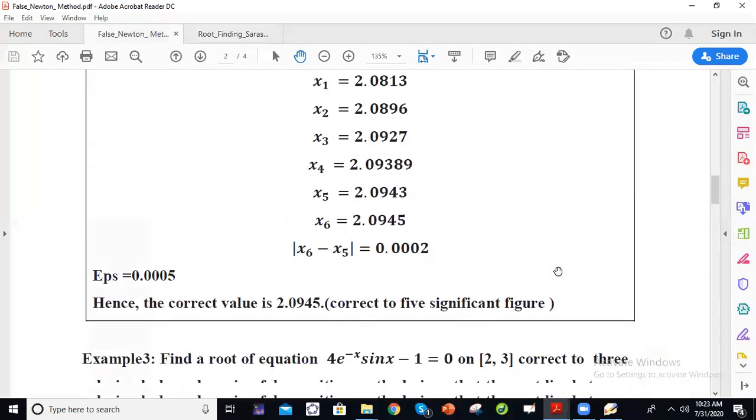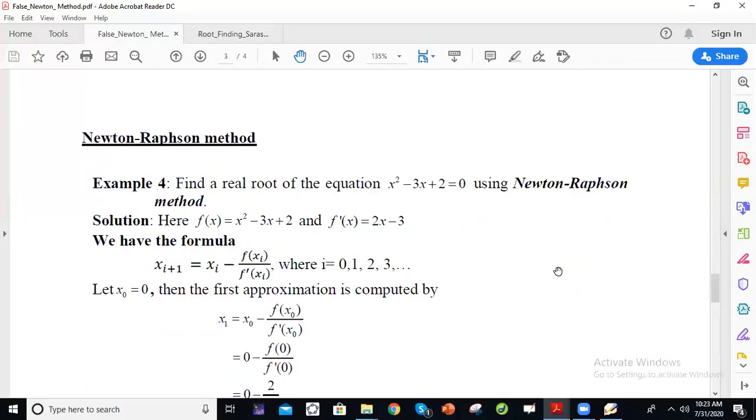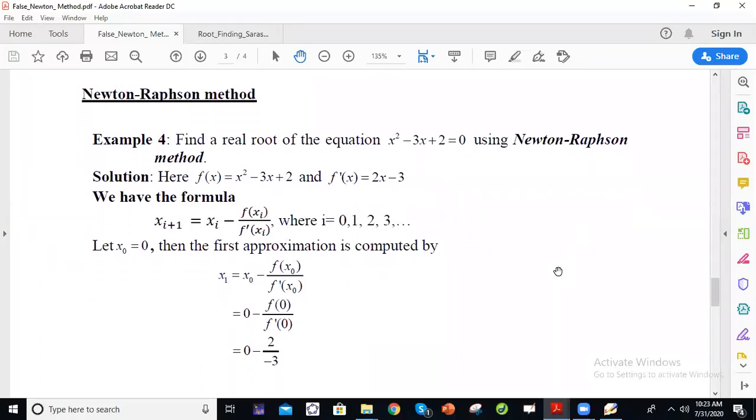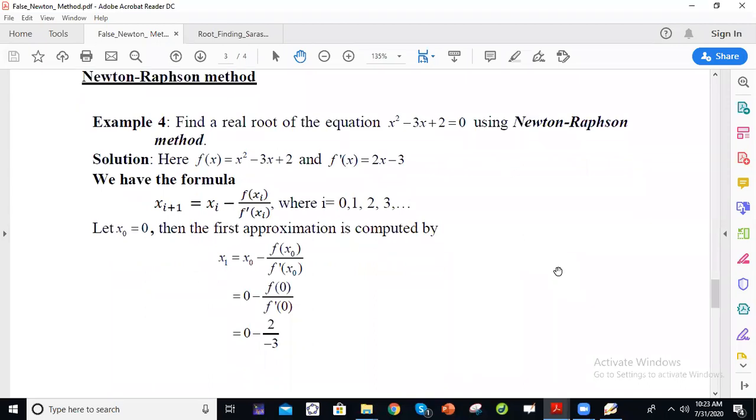We have the Newton-Raphson formula. Okay, see here, find a real root of the equation. We have the equation x cube minus thrice x plus 2 equals 0. We find the roots of this equation by using the Newton-Raphson method.